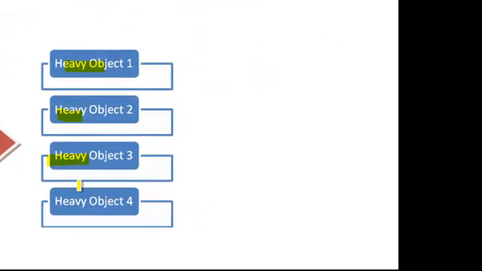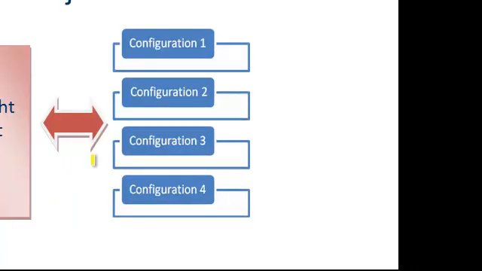If my application has object 1, object 2, object 3, object 4, all heavy, and my code is trying to access all of them, I will put a flyweight singleton in the middle, and then play with the configuration. It's one object, but I change the configuration to make it look like it's many objects.